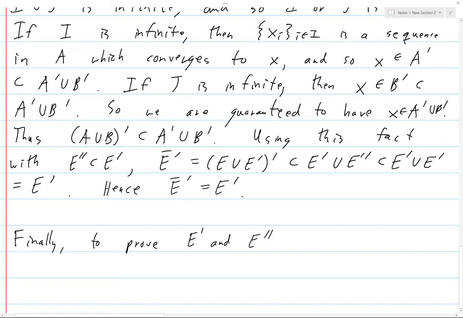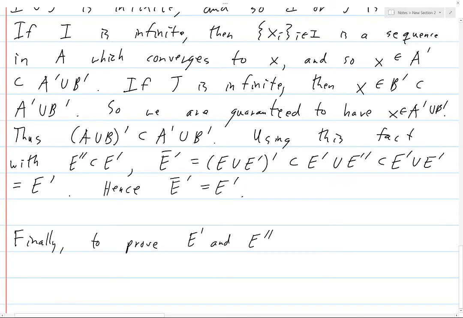Let E be the set of points of the form 1 over n, where n is a natural number. We know from a previous exercise that E prime contains just the number 0.